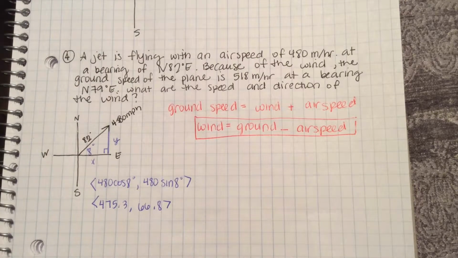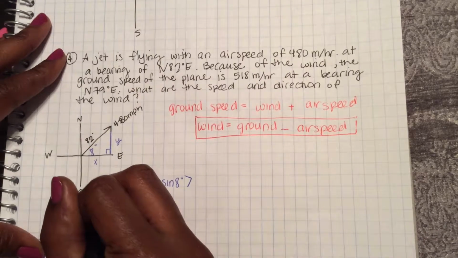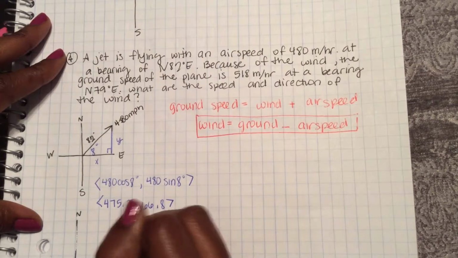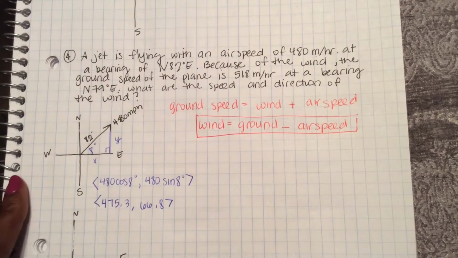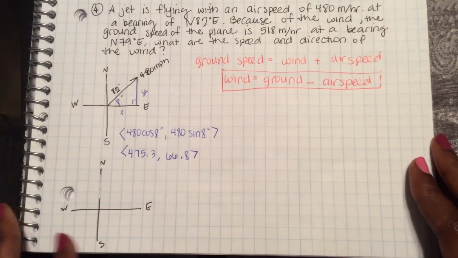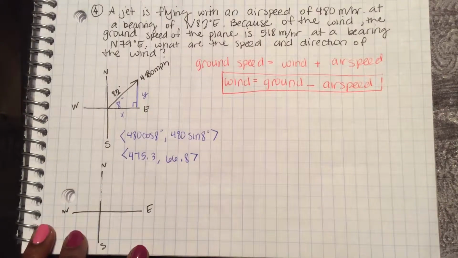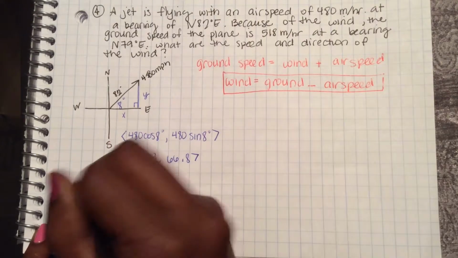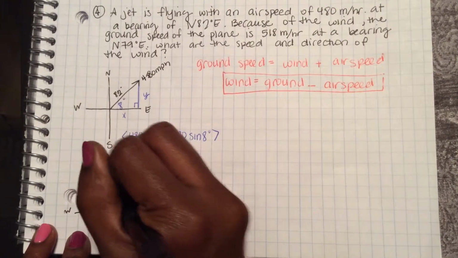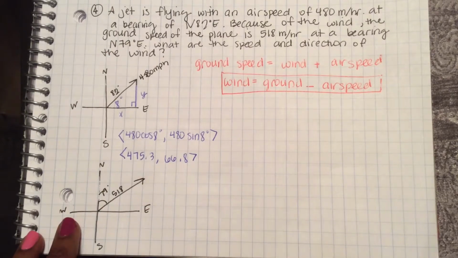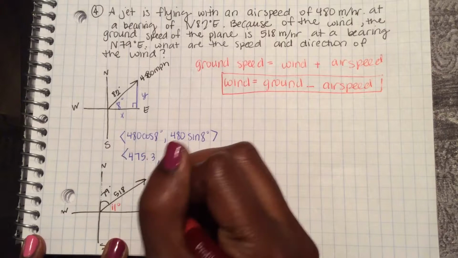So now, in order to find my ground speed vector, I'm going to do another sketch. We could have put these together in one sketch, but it would have been more confusing than helpful. So my ground speed is 518 miles per hour, and it's bearing 79 degrees east of north. So 90 minus 79 means that this angle right here is 11 degrees.